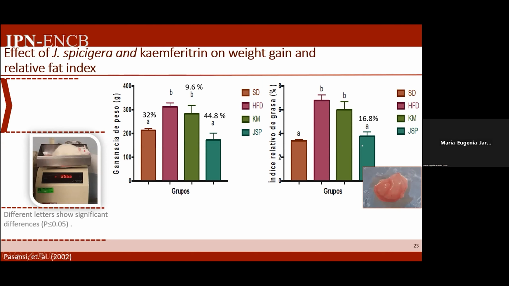The main reduction of adipose tissue was found in the Justicia spicigera group. There is an important reduction of body weight, and consequently reduced risk of chronic diseases like coronary heart disease and hypertension.